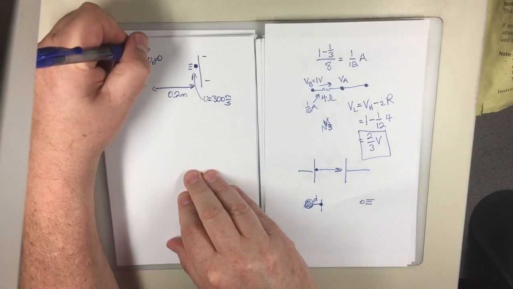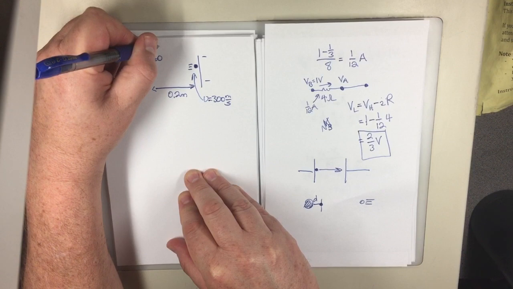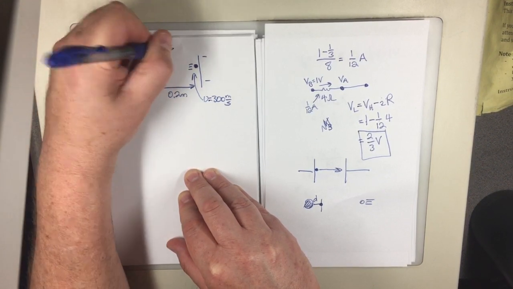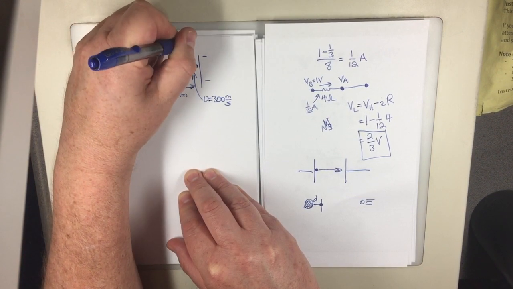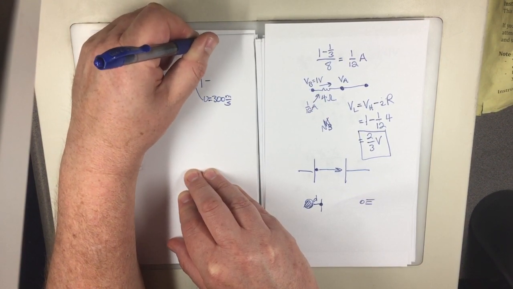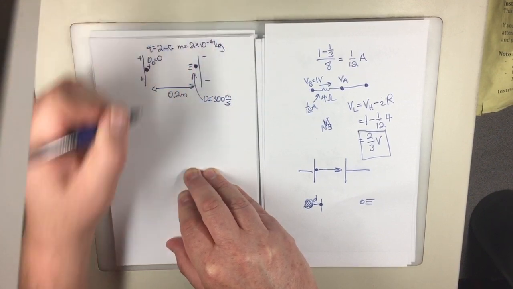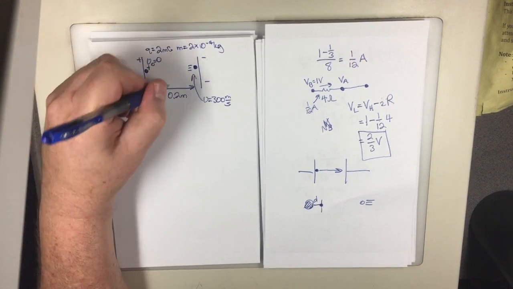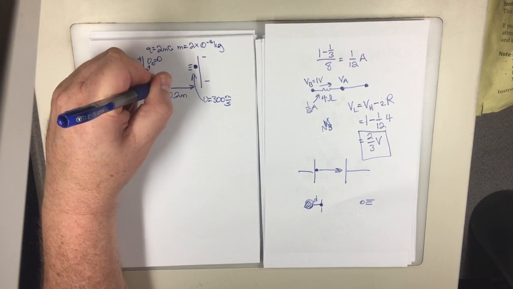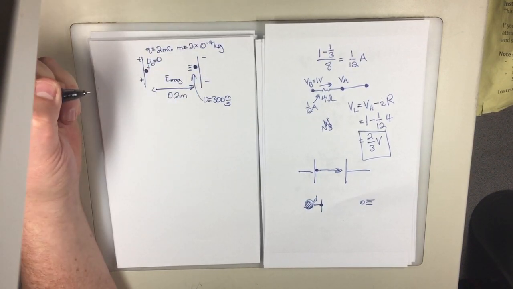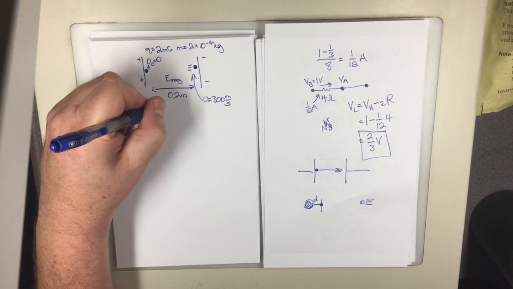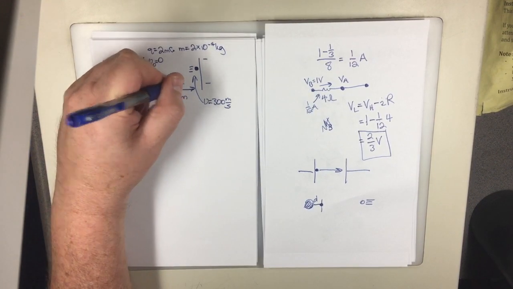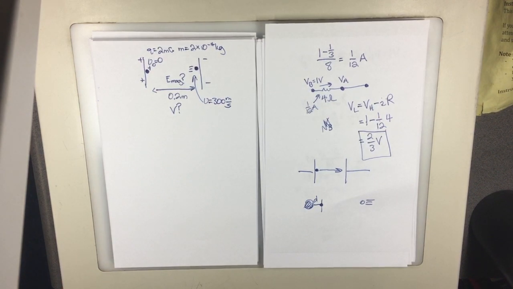What I want to know is, if the charge is 2 millicoulomb and the mass is 2 times 10 to the negative 4 kilograms, what is the E field magnitude? And what is V, the potential difference between the plates?